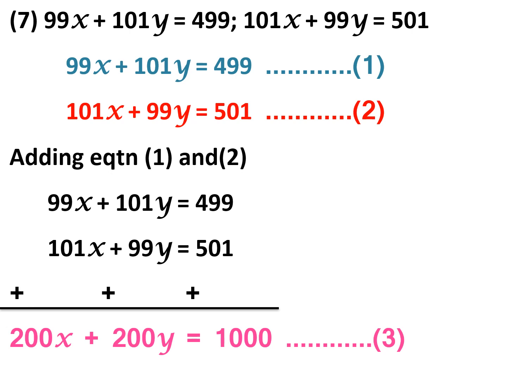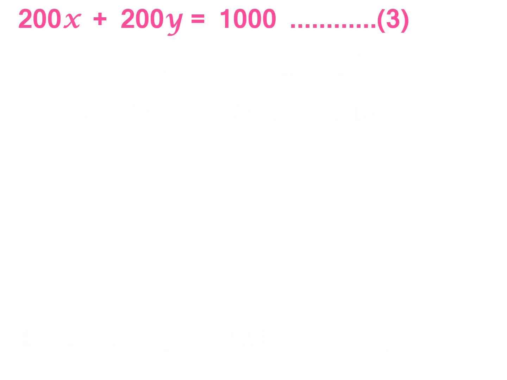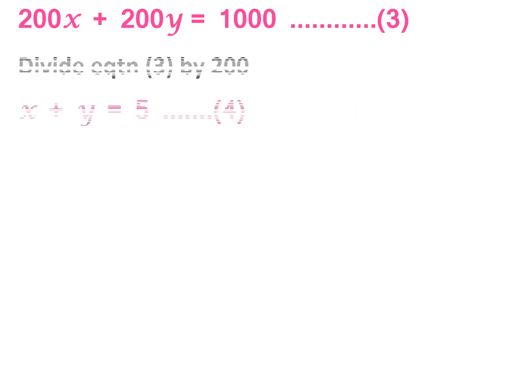This is equation 3. Dividing equation 3 by 200, I get x plus y is equal to 5. This is the equation 4.